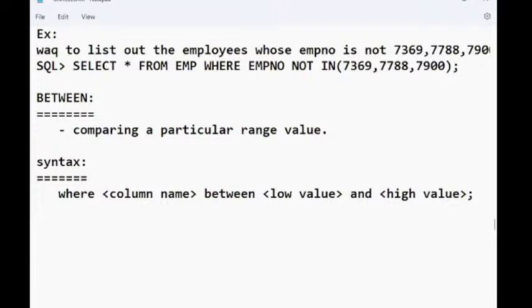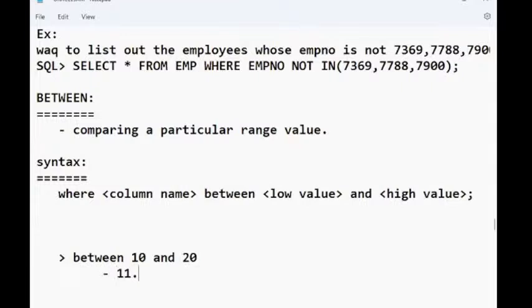In the BETWEEN operator, observe carefully. Some people have a little bit of confusion. For example, suppose I'm using BETWEEN 10 and 20. When I give 10 to 20, what is my answer?